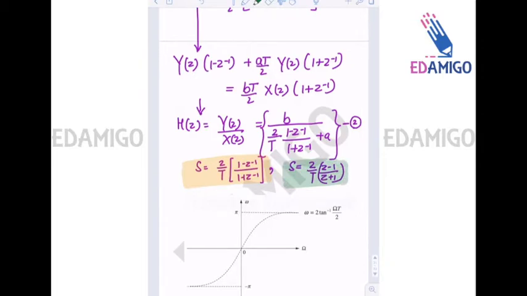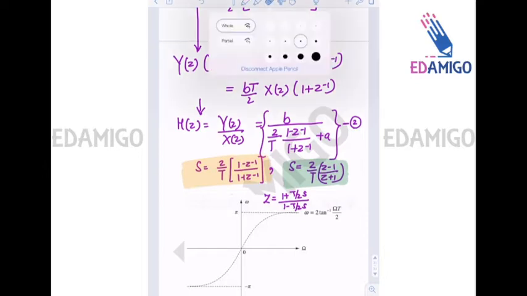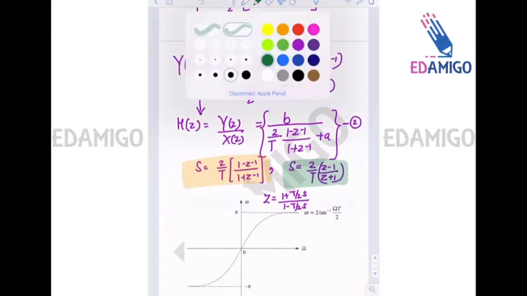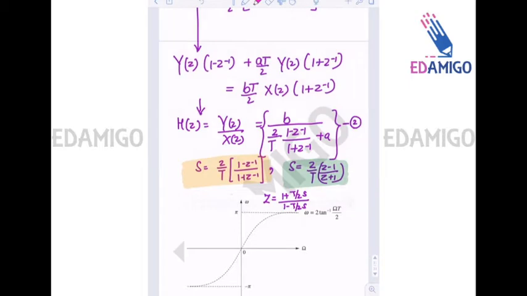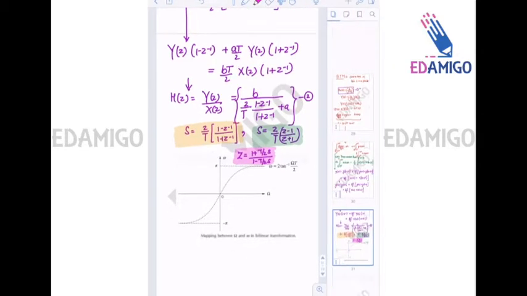Okay, and you can rearrange this equation and you will get that Z is equal to 1 plus capital T by 2 S divided by 1 minus capital T by 2 S. Okay, so these three relationships, you must just have a look at these relationships, because they can ask you questions like in a 1 marker question, like what is the relationship between S and Z.